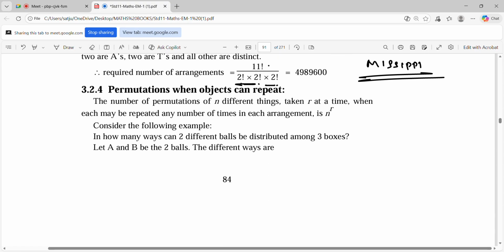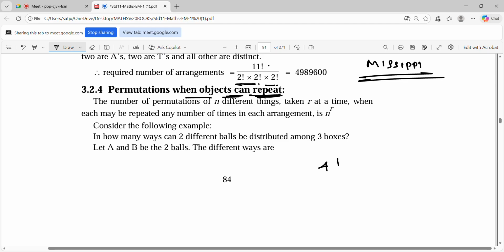Next, permutation when objects can repeat. The question says can repeat. In how many ways? Listen carefully.